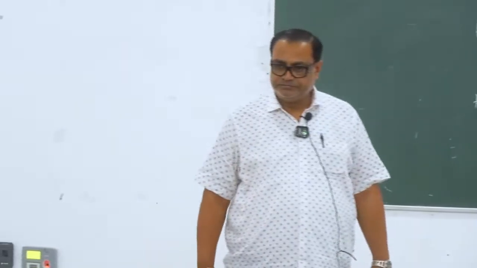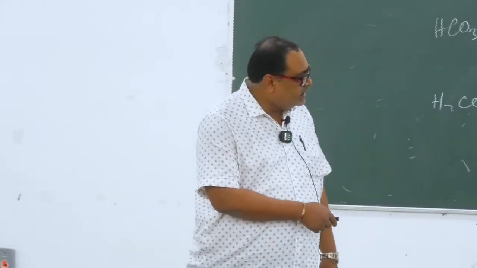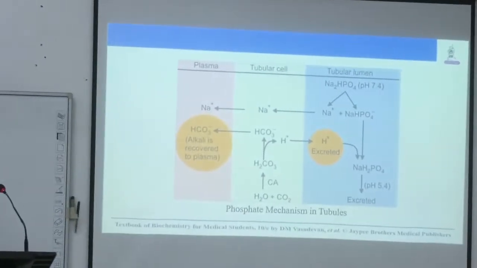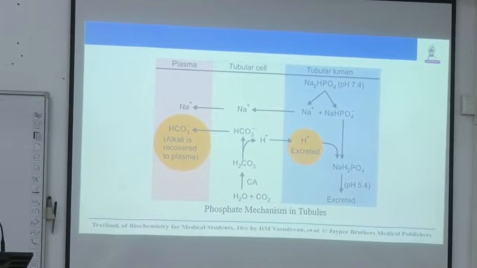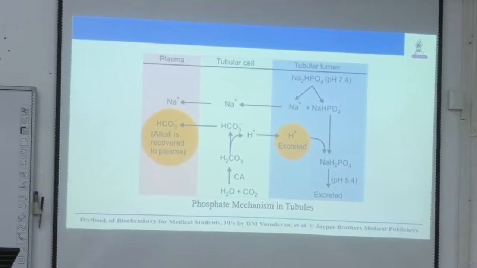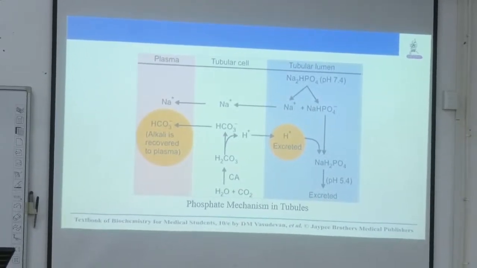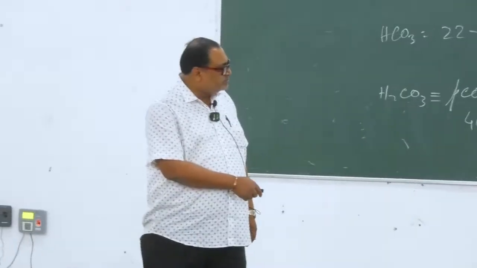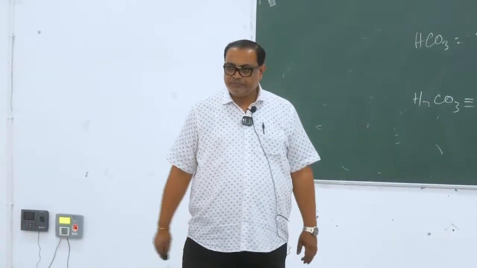NaHPO4 is there. This NaHPO4 will combine with H plus ion and form NaH2PO4 and will be excreted. Now just put, instead of NaH2PO4, lactate. The lactate will combine with H plus ion and will be excreted.